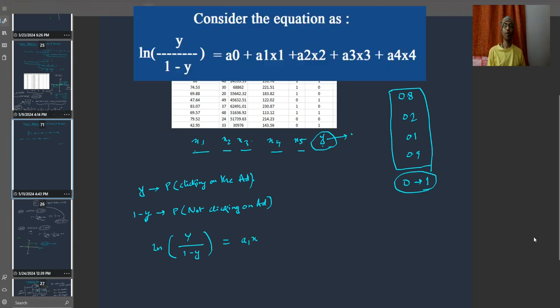So this is equal to a1x1, a2x2, a3x3 and a4x4. Remember, here gender is there. We are not going to use any dummy variables because there are only two classifications of it, 0 and 1. Here 1 is denoting male and 0 is denoting female. So we can keep it that way.